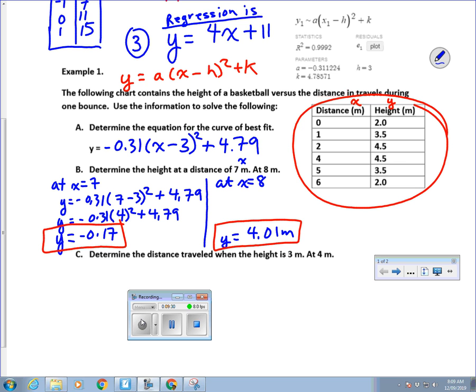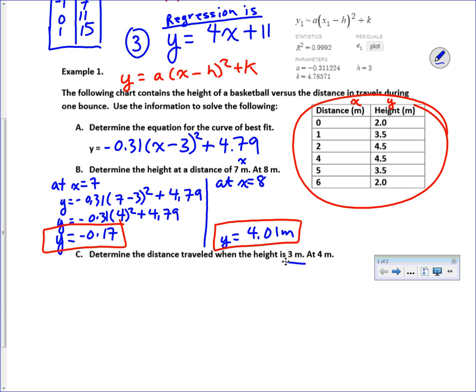Now, for these problems here, you'll notice that it says that the height is 3 and it also could be 4. So what you would do algebraically is something similar to what this was, except you would let y equal 3. Actually, you know what?